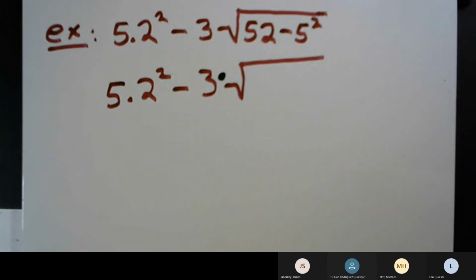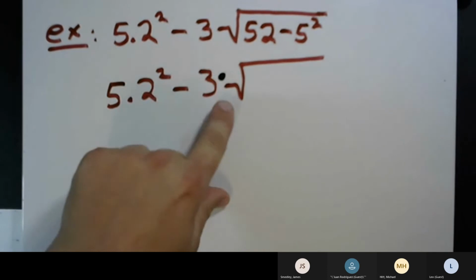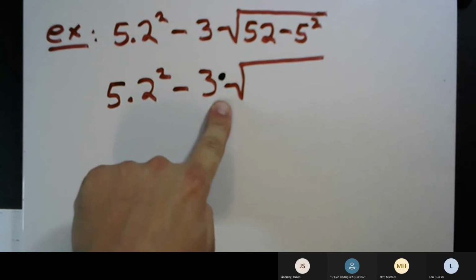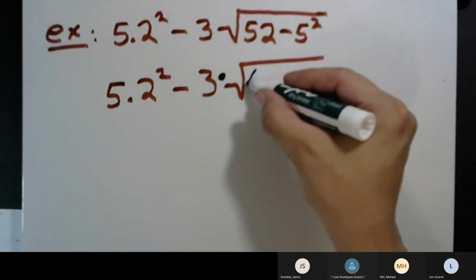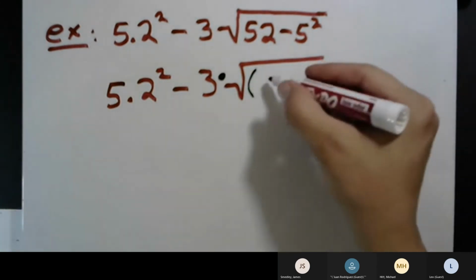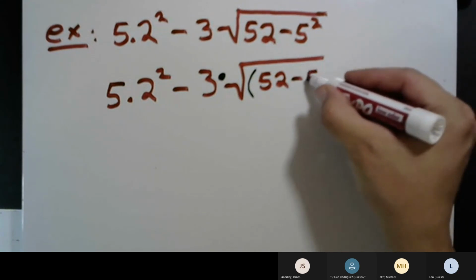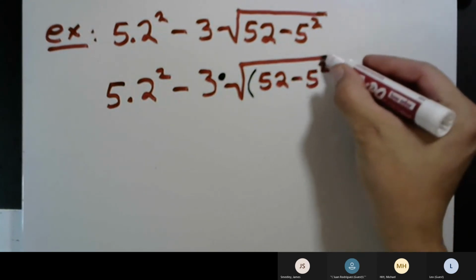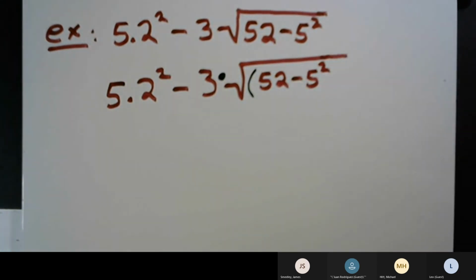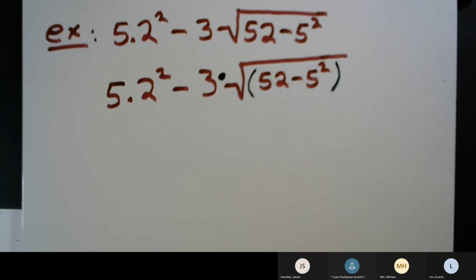When you see something in front of a square root like that, that means multiply. This is one of these shortcuts in math that can be kind of irritating. When you see something next to a root, there's an invisible multiplication sign. And so you can think of parentheses being here. And you've got that.